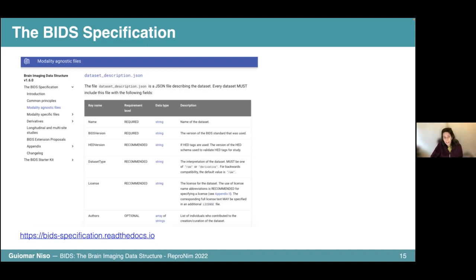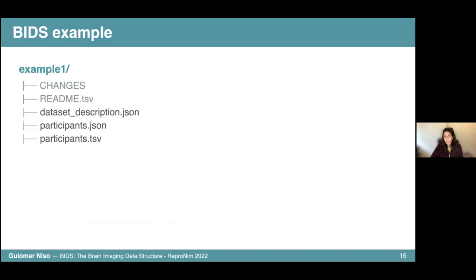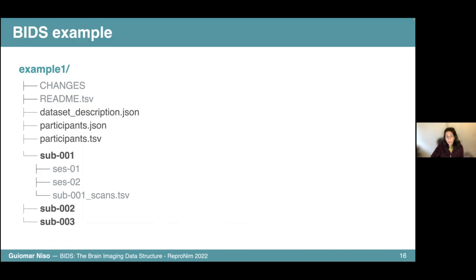And then each field also has its data type, whether it's a string or a Boolean or whatever, and a short description.